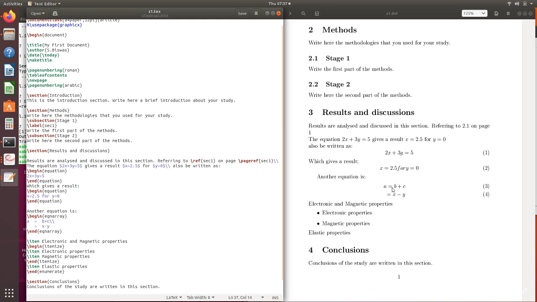So if you have a number of equations or inequalities, then you have to use this command: backslash begin eqnarray, then your equations or inequalities, then end eqnarray, and these will produce output like this. Sometimes we have to write a series of equations, and we can employ a structure like this.